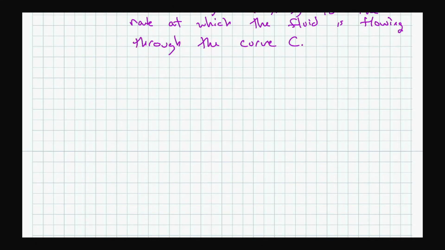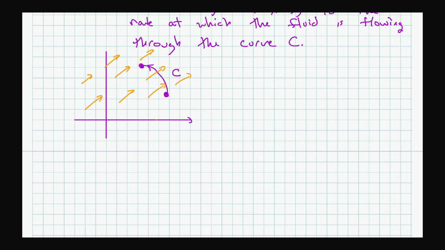Let me just draw a little picture for you here. If you put a curve C like this, and I'll put an arrow on it, let's say we have a velocity field like this. It doesn't have to be at right angles or anything. I'm just drawing one that's flowing through that curve. If that's F, the velocity of the fluid at every point, you can see that some of the fluid is going right across this curve.